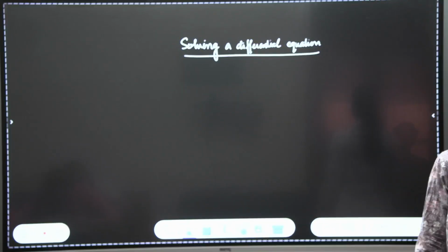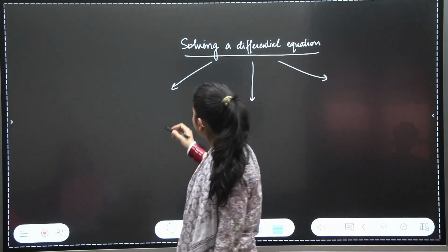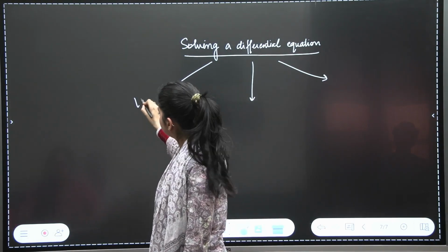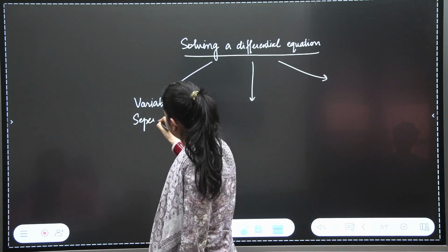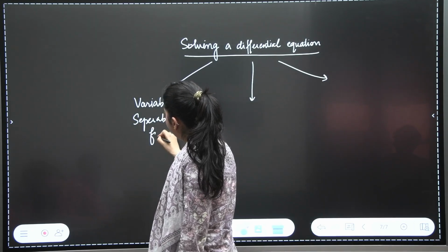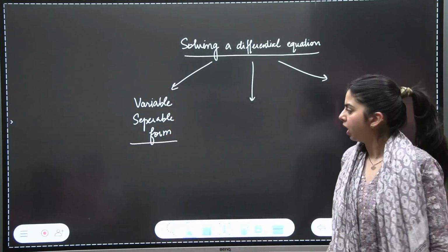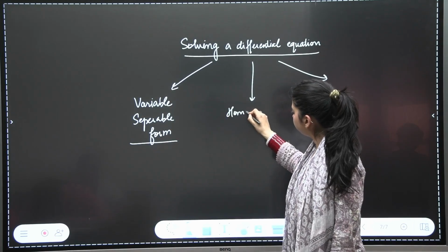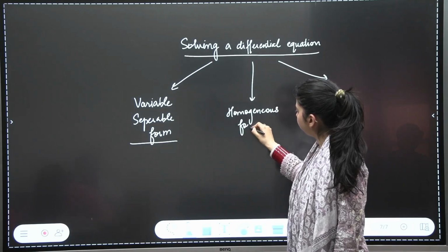Right? Now, a differential equation can be solved by three methods. I'll just revise this with you. There were three techniques we learned through which we were solving differential equations. The first method was simply the variable separable form, where you could simply separate your variables. The second method was homogeneous form.